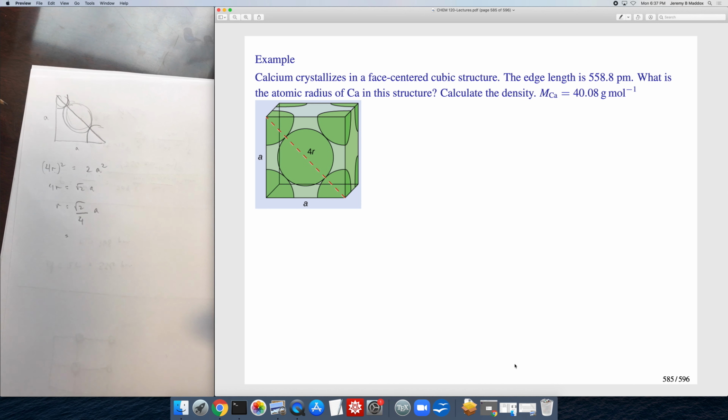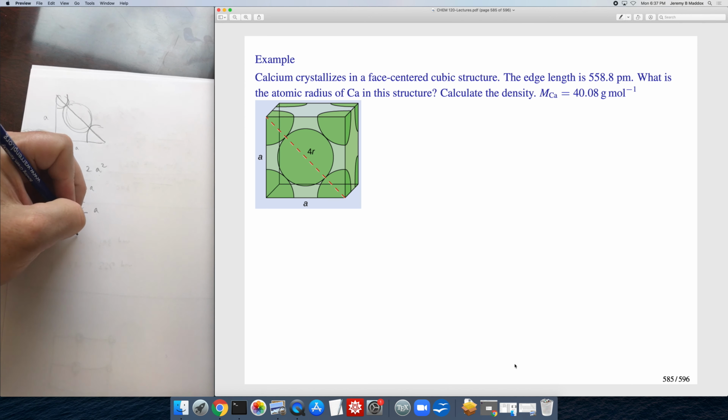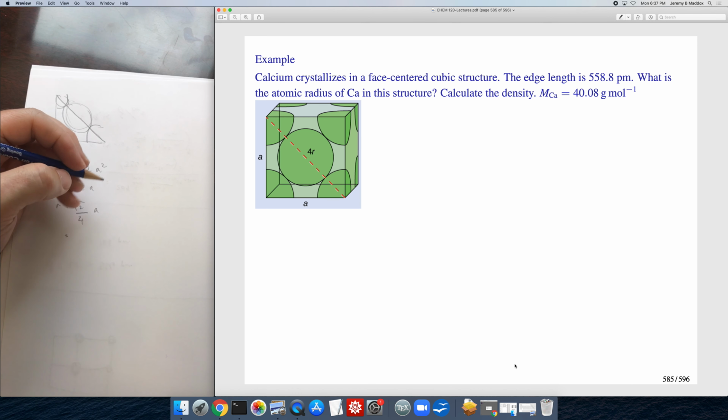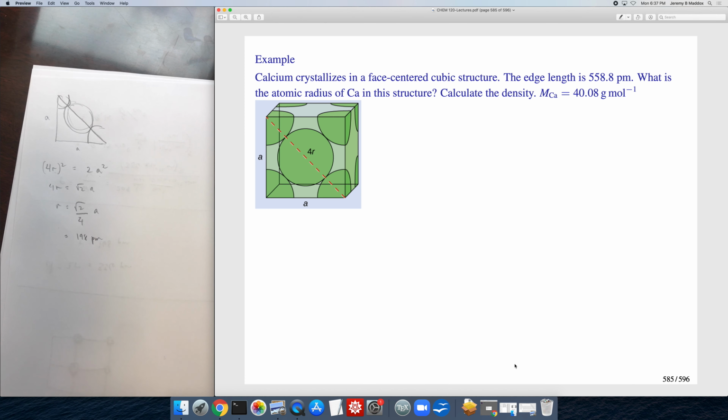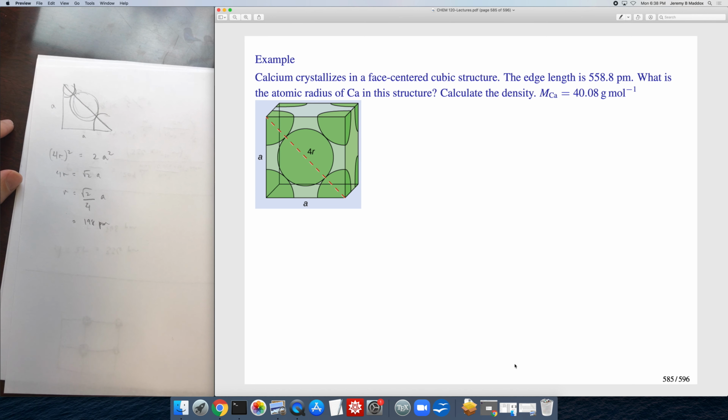And so you would plug in the value of 558.8 picometers, take it times the square root of 2, divide by 4, and you get a radius of 198 picometers. And then the calculation for the density would be the same, except that you have to take into account that there are, what did we say? There's 1 for the corners, 2, 3, there are 4 calcium atoms.